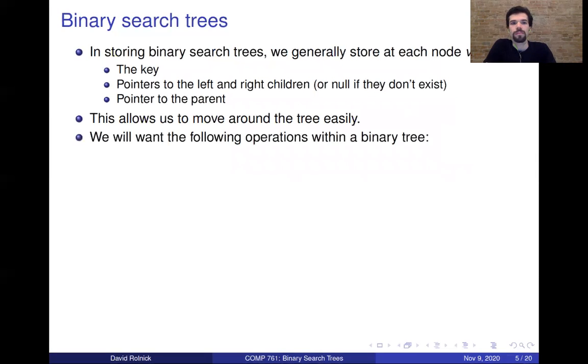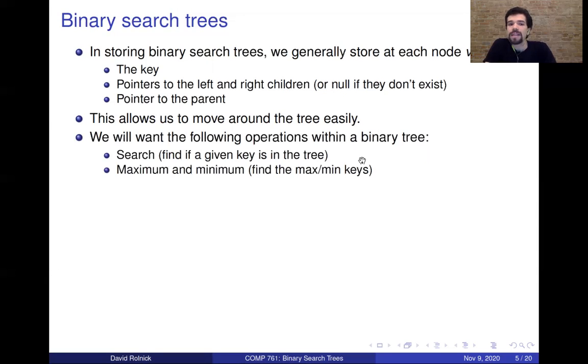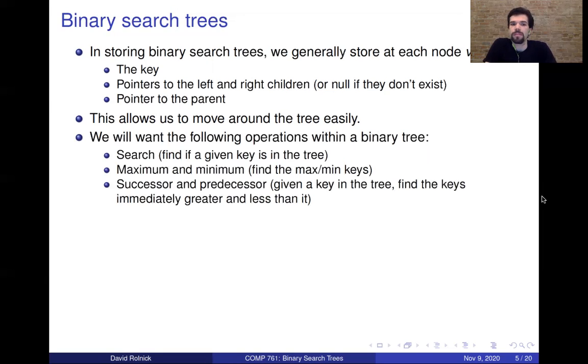So we will want the following operations within a binary search tree. Search, that's why it's called a binary search tree: find if a given key is in that tree. Maximum and minimum: find the maximum and minimum keys within the tree. Successor and predecessor: given a tree and a particular key in the tree, find the keys immediately greater and less than it.